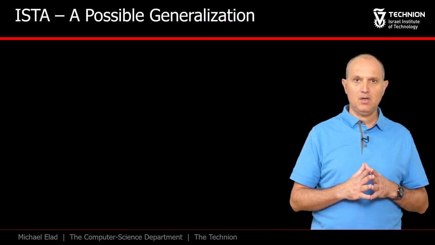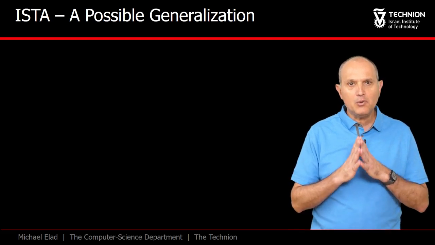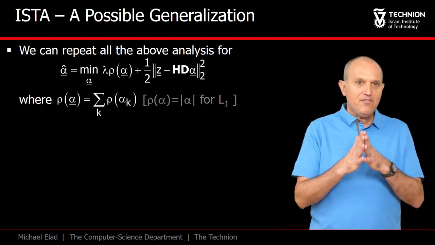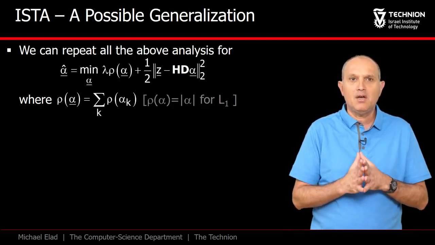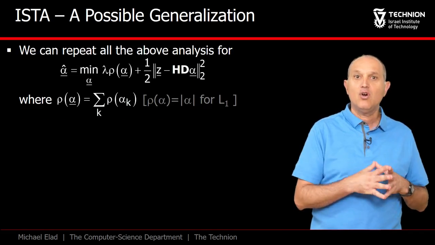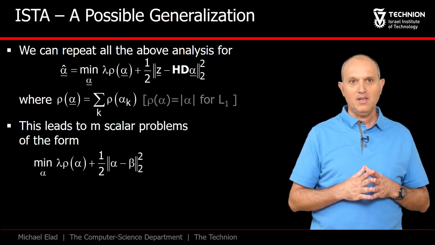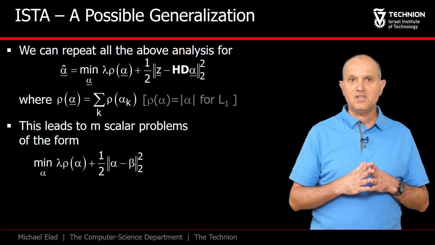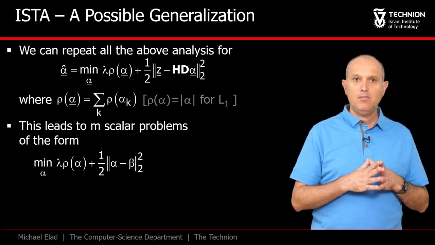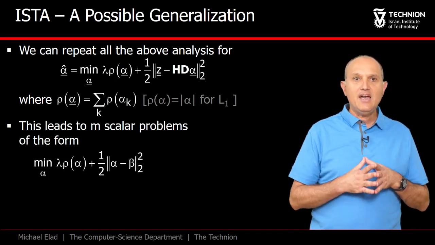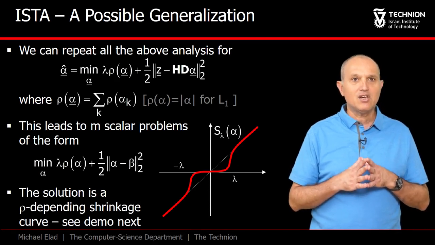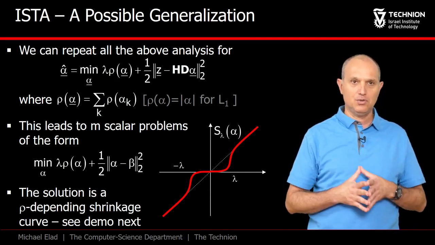Before we leave this topic, we want to add one small ingredient to our story. What if the L1 would be replaced by a more general separable expression of this form? Well, as it turns out, we can follow the same path and rephrase the problem to a chain of these tasks, and, not so surprisingly, these have a shrinkage-based one-shot solution.